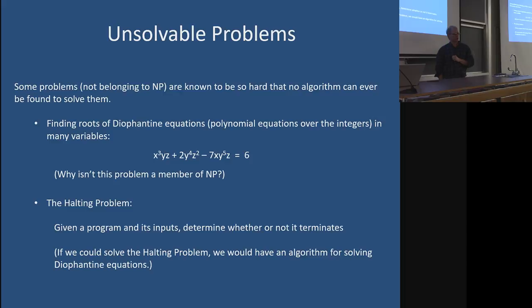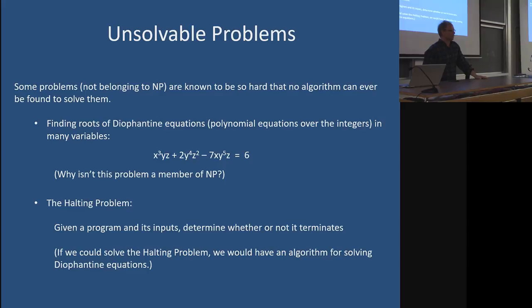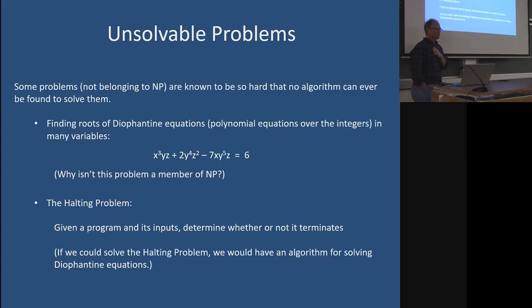If the answer is no, that program does not halt, we would just report, this equation has no solution. If we're told the program does halt, then we run it, and we'll eventually get the solution. So it would be a great utility if we could solve the halting problem.